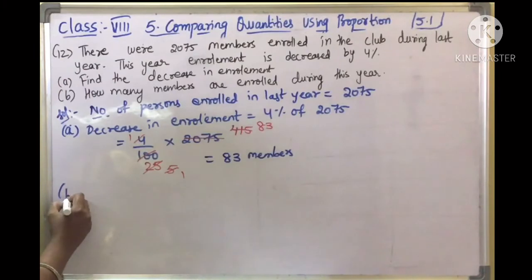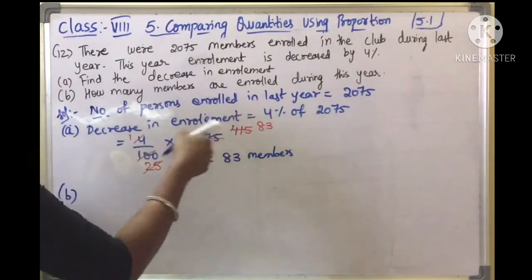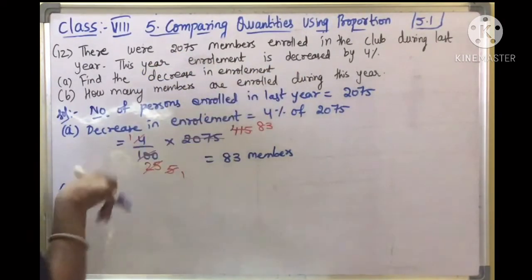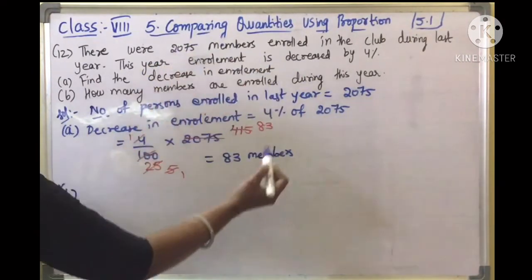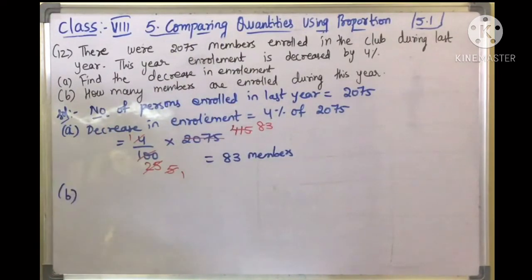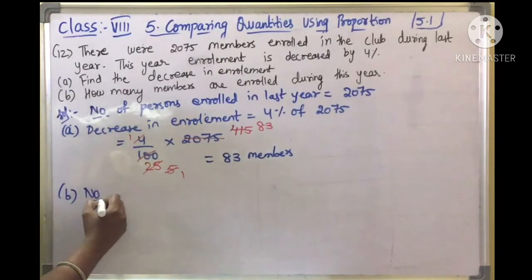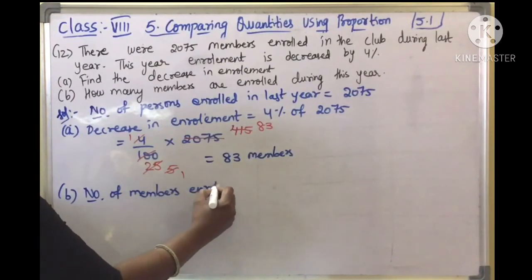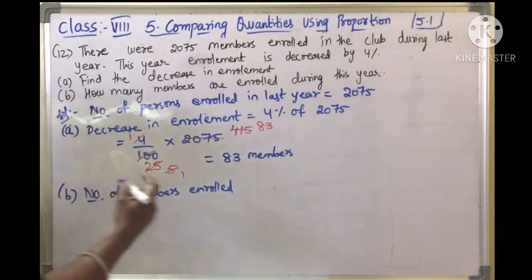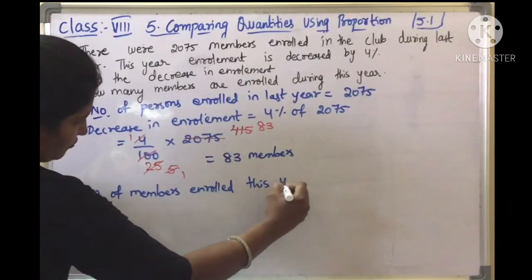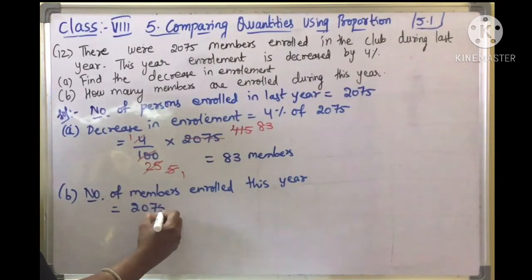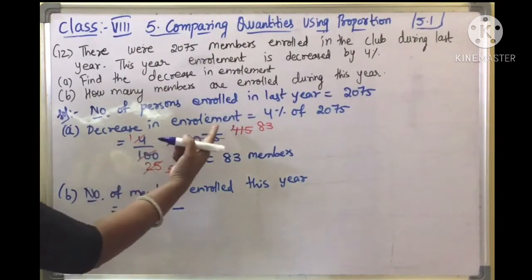Okay. Now coming to second one, how many members are enrolled this year? So last year 2075 and this year 4% decreased, means from total when you minus 83 we will get the number of members enrolled during this year. So here number of members enrolled here during this year is nothing but 2075 minus how many decreased children here?